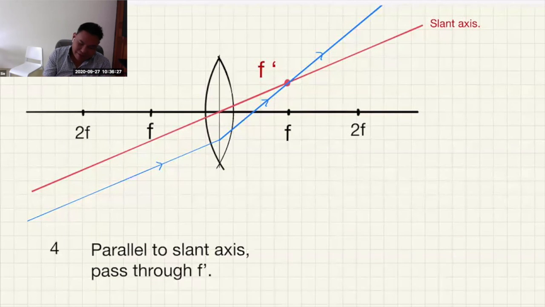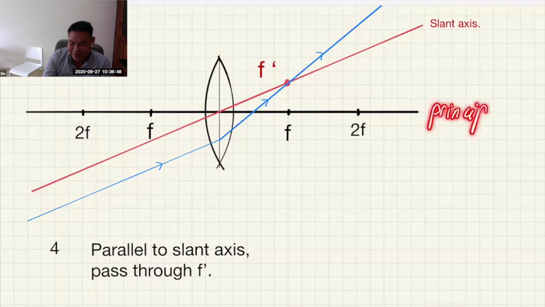Then you must mark F prime. What is F prime? F prime is the focal point on the slant axis. How do you find that? Very simple. Exactly above or exactly below the focal point on the principal axis. Yeah, this is the principal axis. So you get F prime.